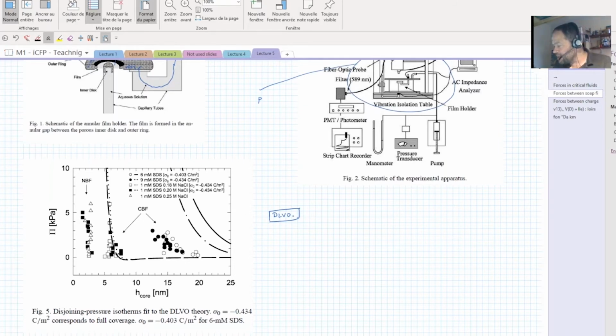I don't want to enter into the details of the paper, but you see that for this situation here, the DLVO theory was working, but there were some situations like here where DLVO theory was not working.